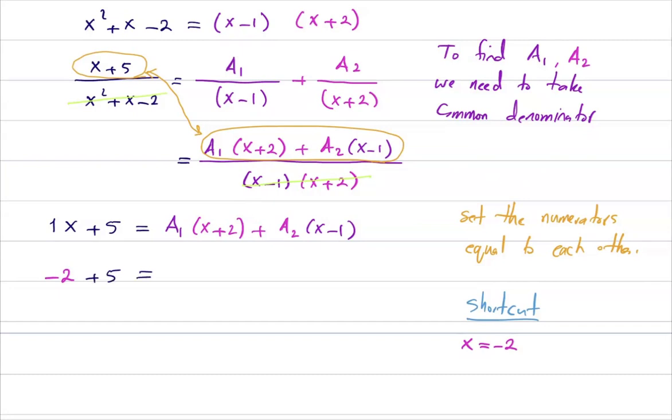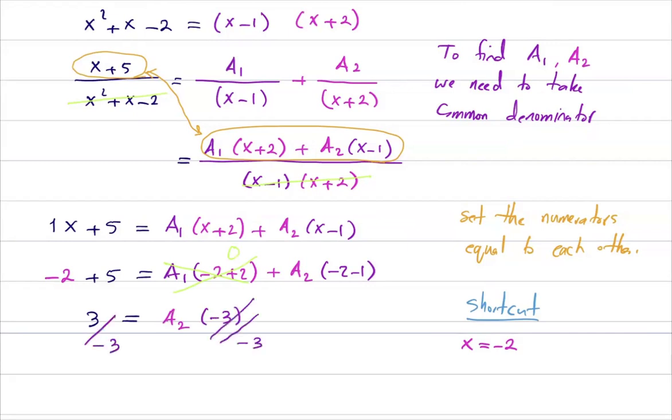And on the right-hand side, you have a sub 1 times -2 plus 2 plus a sub 2 times -2 minus 1. So what happens here? Well, this quantity is just 0. On the left-hand side, we end up with 3. On the right-hand side, you have a sub 2 times -3. So if you just divide by -3, a sub 2 is nothing but -1.